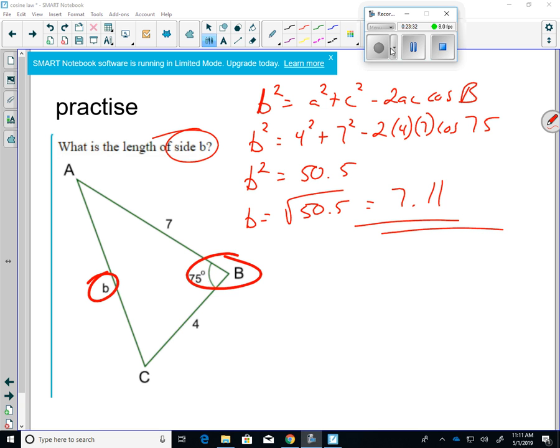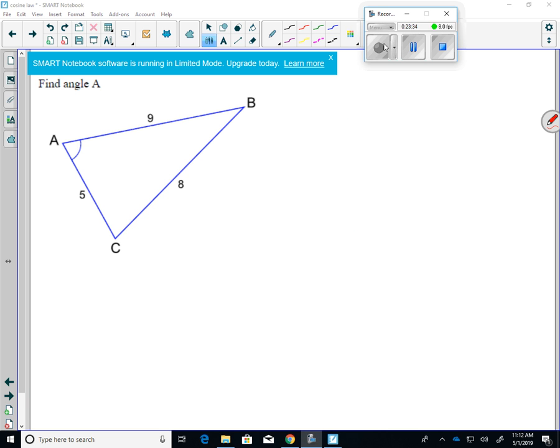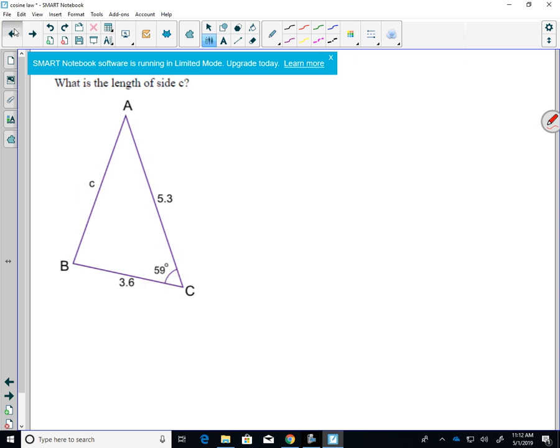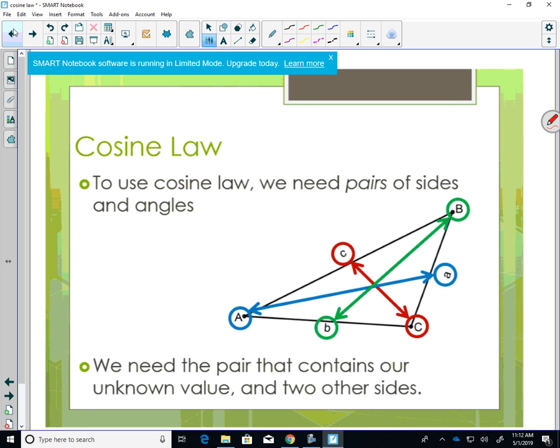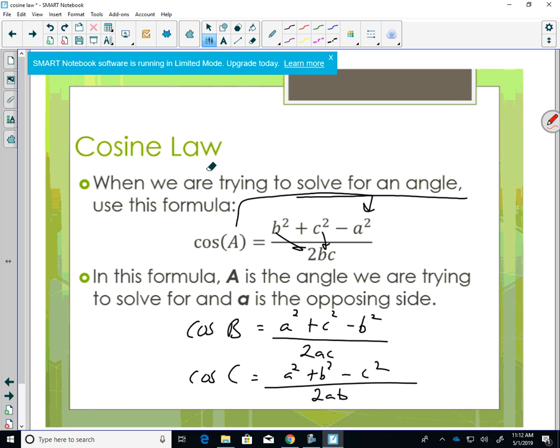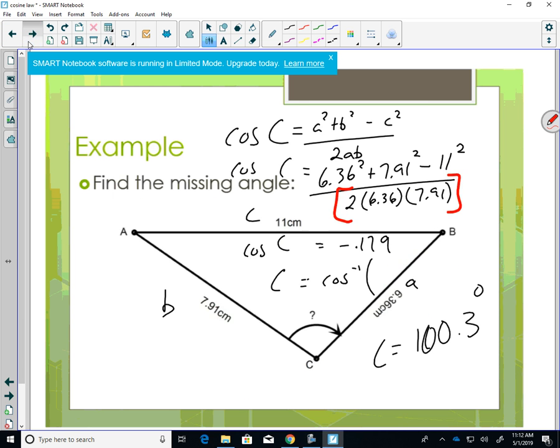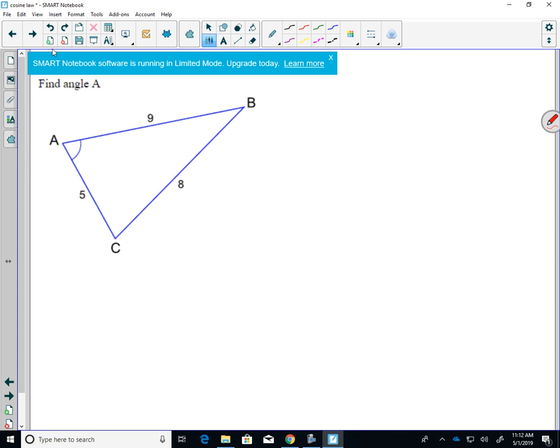That one is boring. Let's try the angle A one here. So we're finding the angle, and I get to find my formula here. Cosine, right. There it is. Oh, 50 point, see that?